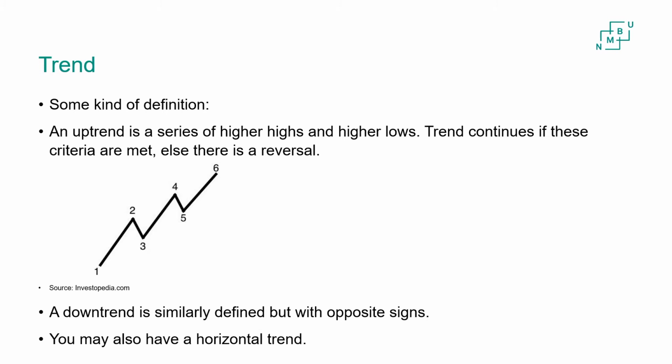In this quite simple graph, you can see that the highs of even numbers are increasingly higher, and the lows of odd numbers are also increasingly higher as time goes by. If these criteria are not met, you would have a reversal. The trend might go up, it might go down, and you might even have a horizontal trend.